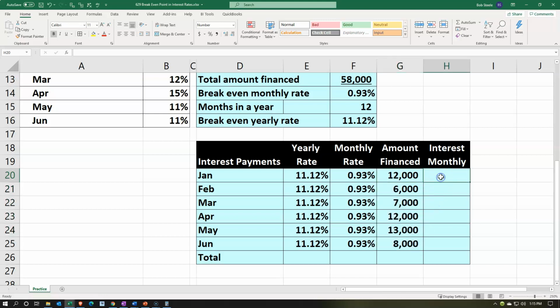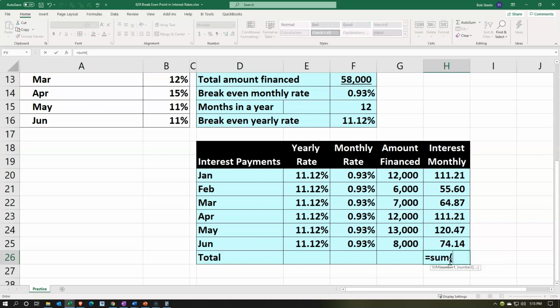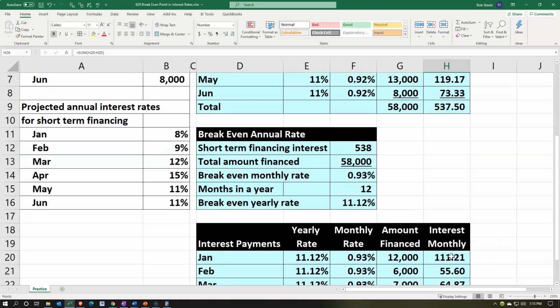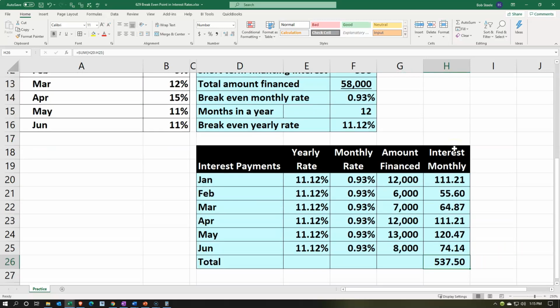And then we'll multiply this across. This is going to be equal to the 0.93 about times the 12,000. And then we can autofill that down. So this is going to be the same rate all the way across. And then if I sum this up, equals the sum, are we going to get to the same interest? That's the point here, the 537.50, right?